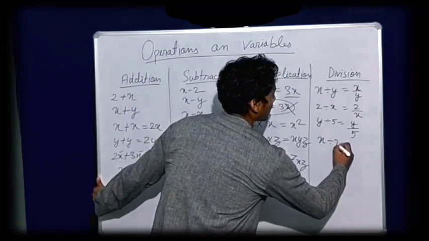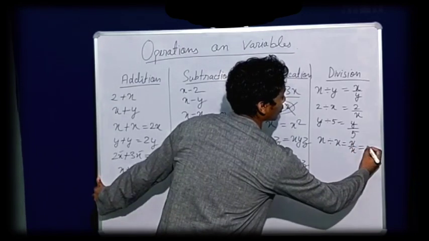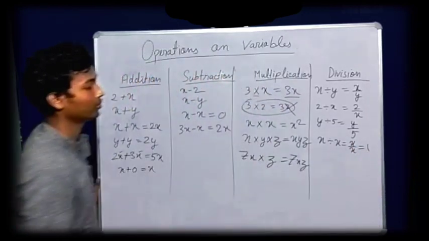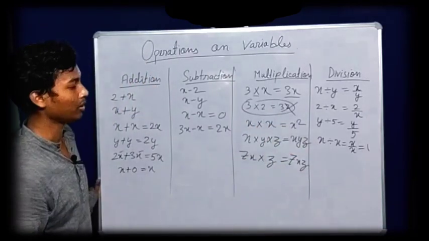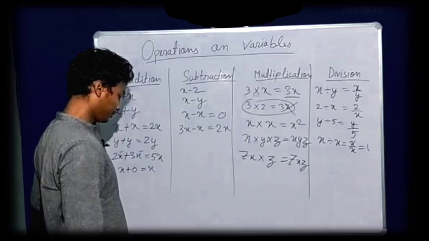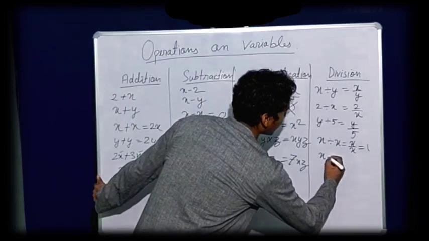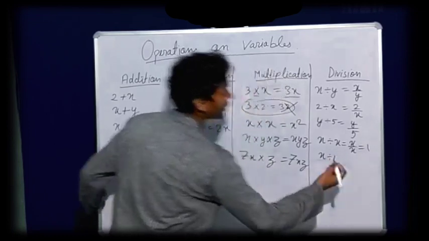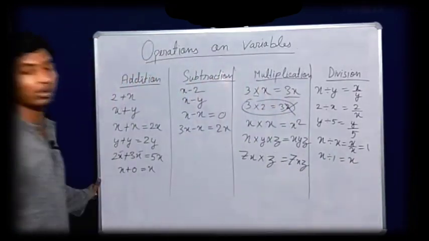If x is being divided by x, then it will be x by x, which means 1. It's like 5 divided by 5, means what? 1.